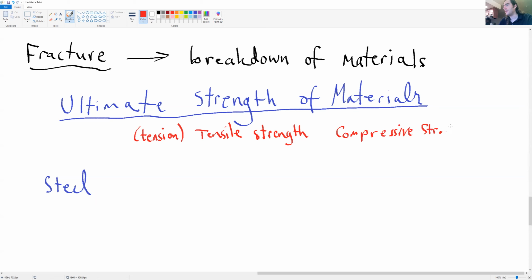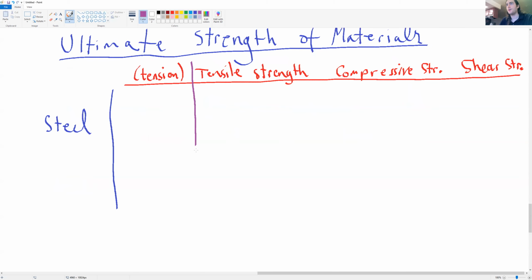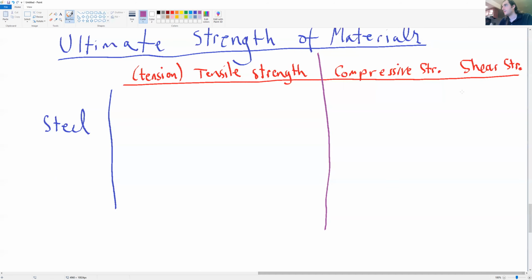Let's maybe abbreviate. And then we have shear strength.